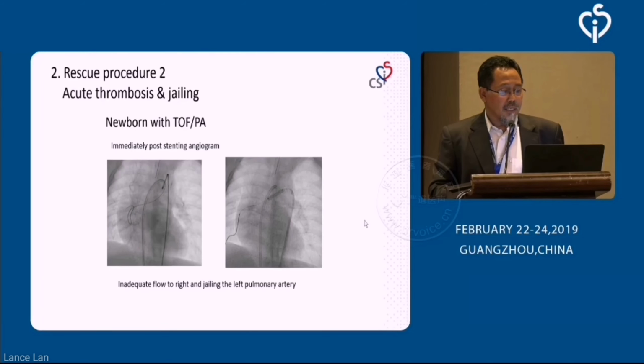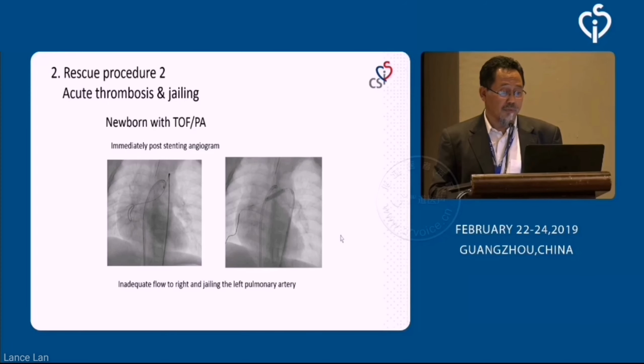The second rescue procedure is when there's some complication in the first, though it's rare. This is acute thrombosis or jailing of the contralateral PA. This is the obvious jailing, where we can't see the left pulmonary artery flow.